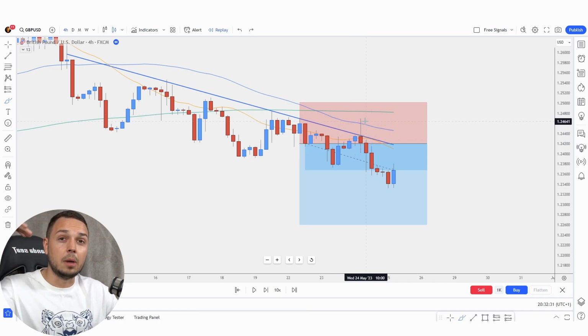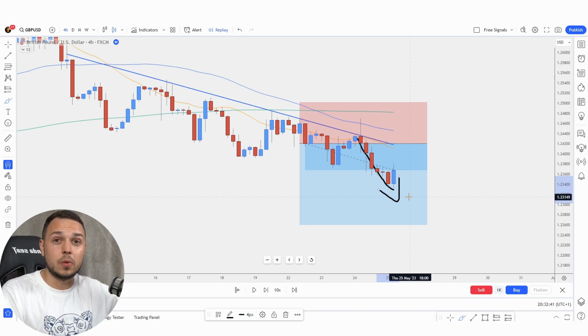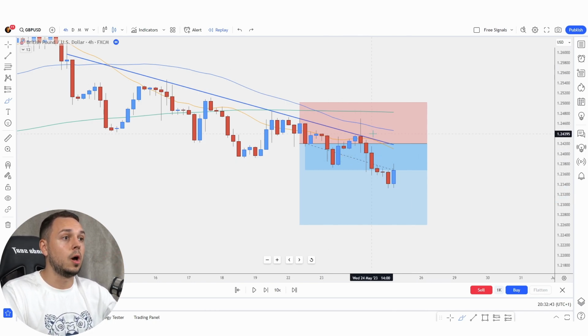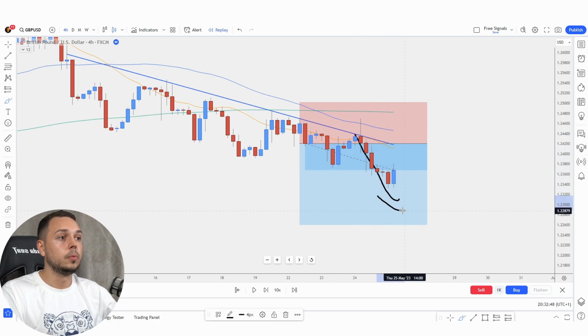It gives us a nice upper shadow, a bearish engulfing candlestick swallows the previous candlestick just over here, and it drops back down. This gives us a great trading opportunity one more time to enter off this area zone, and boom, we are making money.